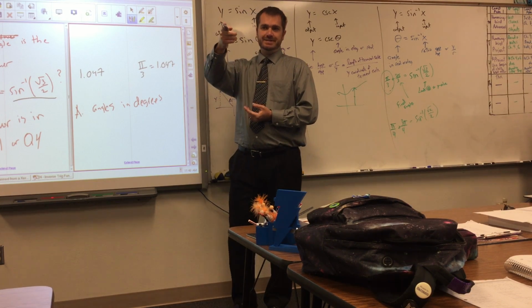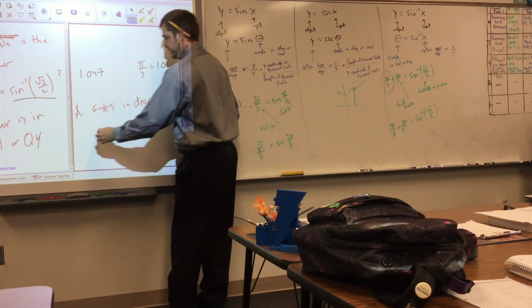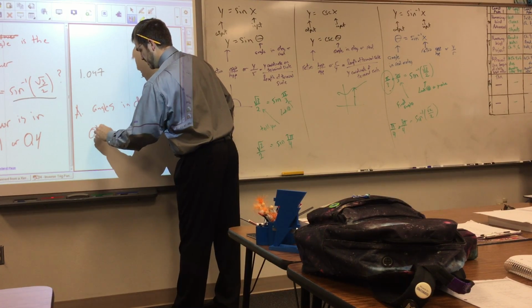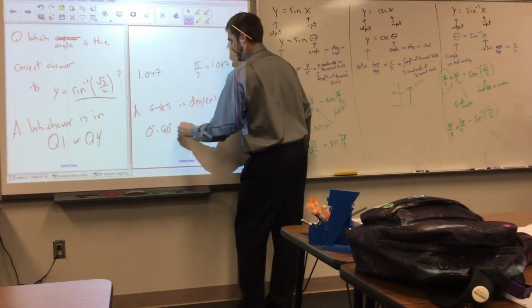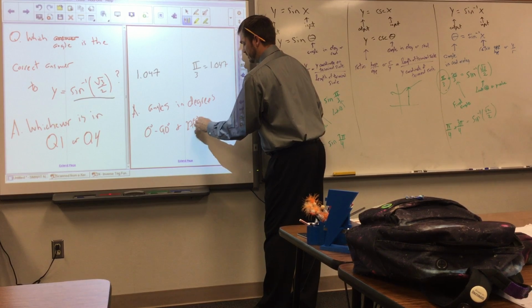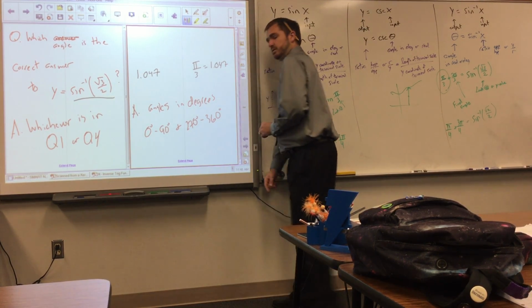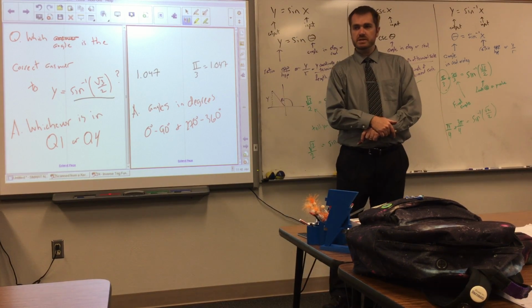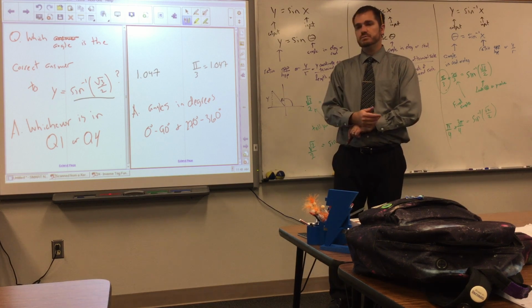Go ahead, John, out loud. 0 to 90 and 270 to 360. 0 degrees to 90 degrees, and 270 degrees to 360 degrees. Would y'all agree with that statement? That's quadrant 1 and that's quadrant 4.